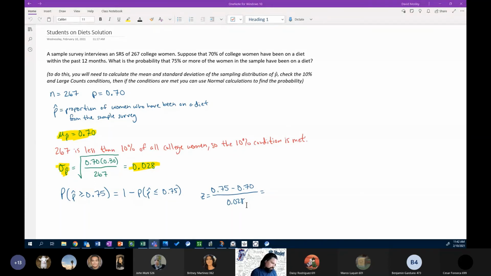And we get about 1.79 if we're rounding to 2 decimal places.